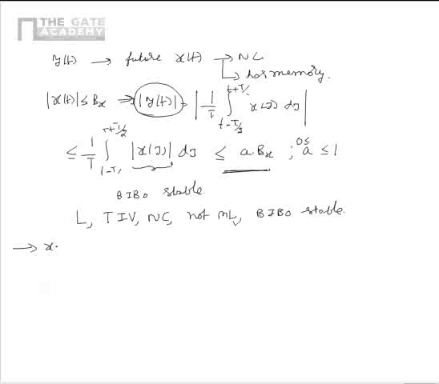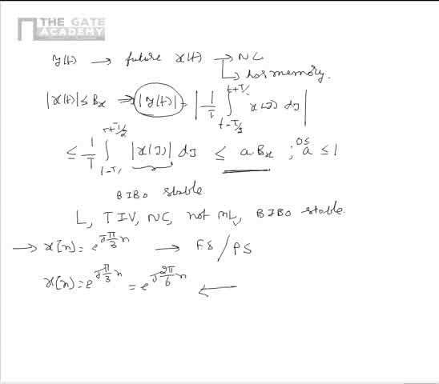Now let us consider a signal x of n is equal to e power j pi by 3n. We have to find if this signal is energy signal or power signal. So we can see that the given signal x of n is equal to e power j pi by 3 n can be written as e power j 2 pi by 6 n.